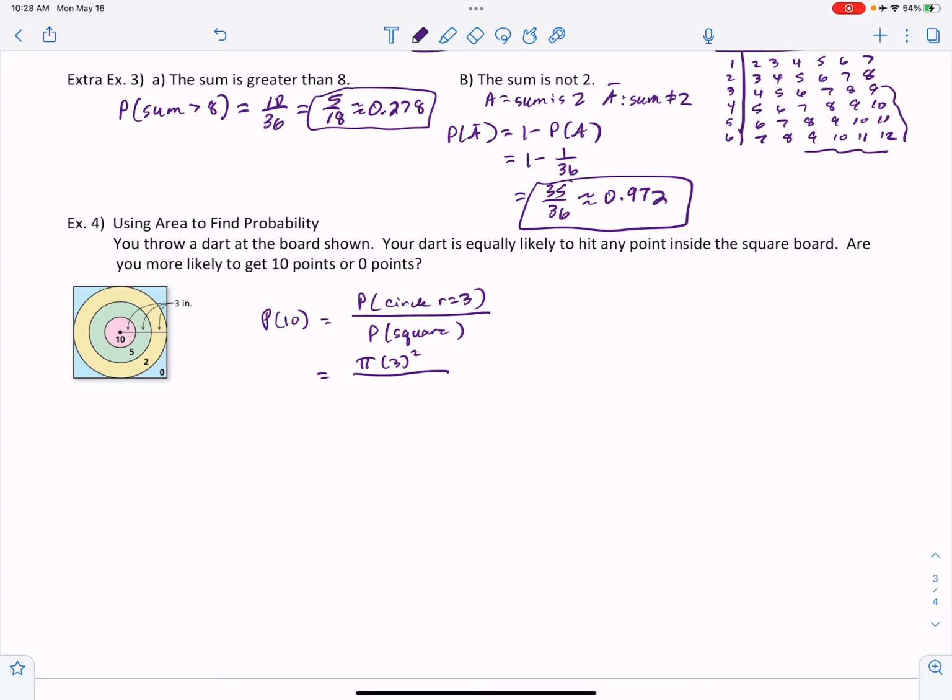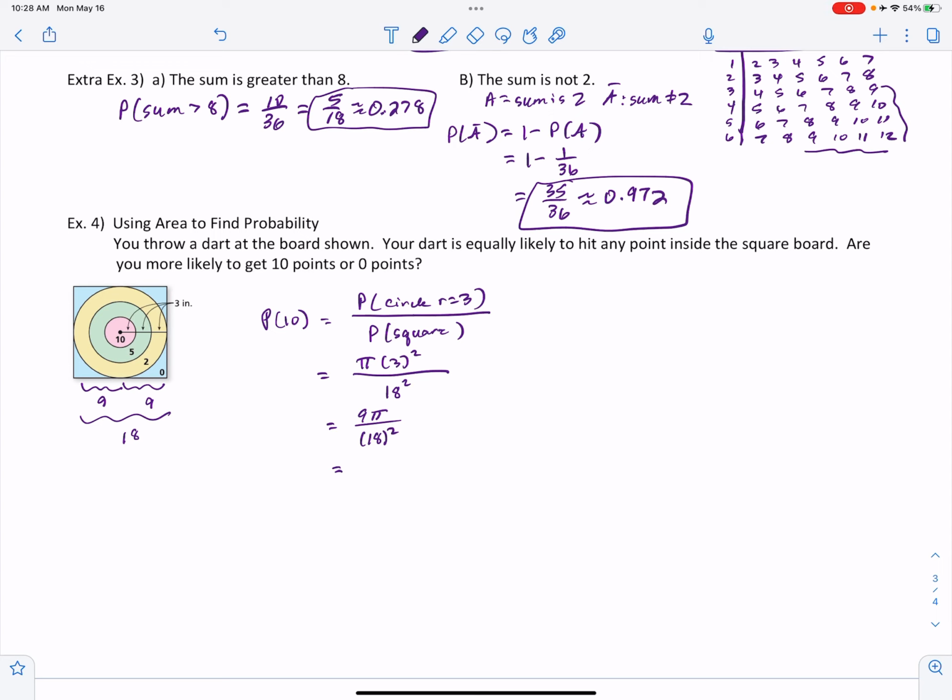For the area of the square, well, from here to here is 9, but the whole side length then is 18. It's an 18 by 18 square, so area of a square is side squared. And so we get 9 pi over 18 squared. And I'm not multiplying that out because 9 goes in 18 twice.